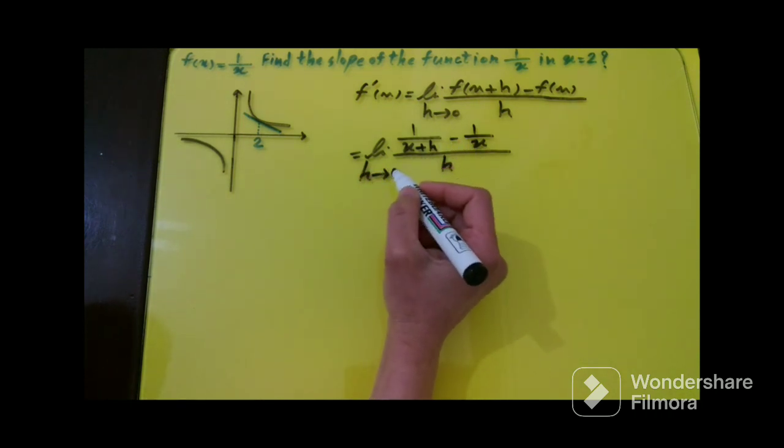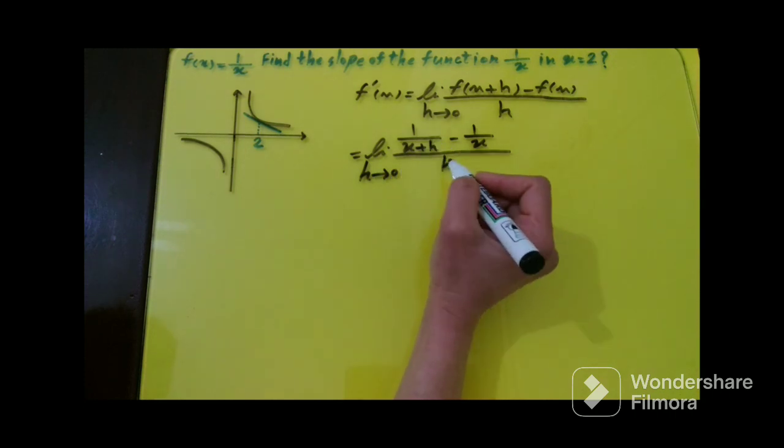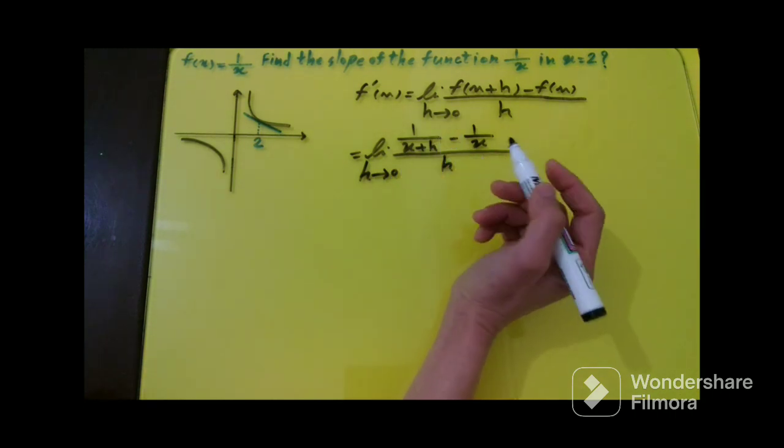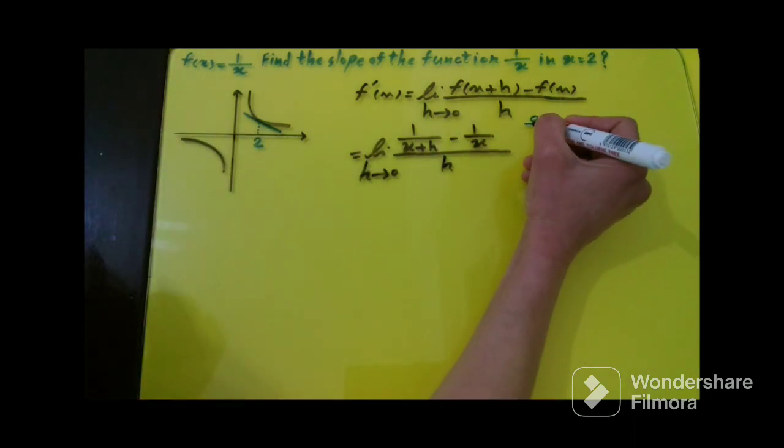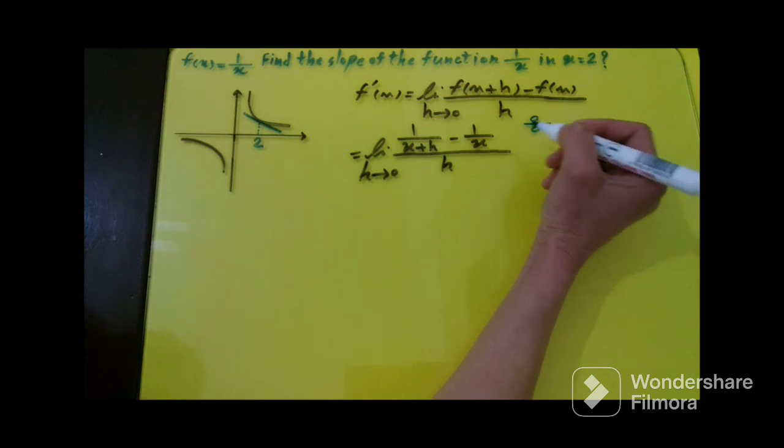Now if I put 0 instead of h, there's a problem because it's 0 over 0. It's uncertain.